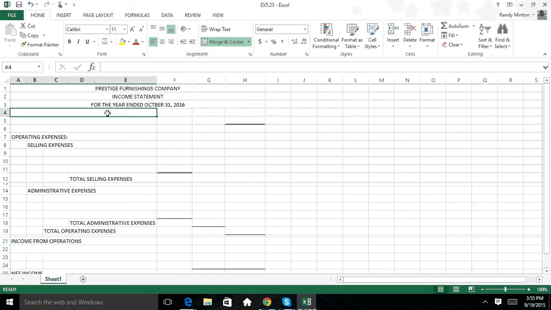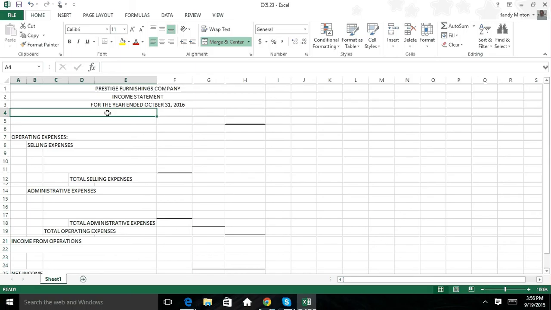Cost of merchandise sold, however, goes on the income statement. You'll see where that goes here in a moment. Dividends do not go on the income statement. Interest expense, however, does, but it is considered a non-operating expense. Merchandise inventory is another balance sheet item. Notes payable, another balance sheet item, a liability.